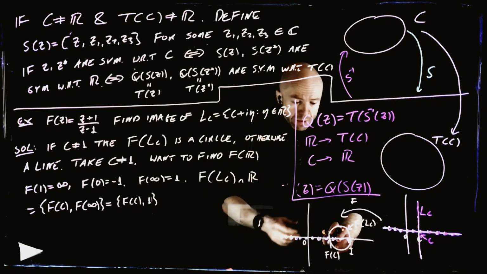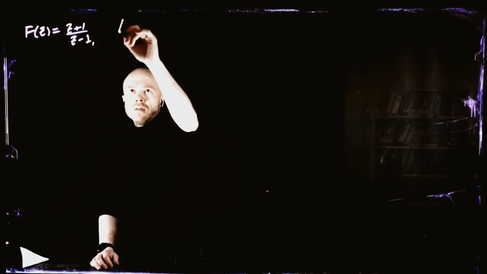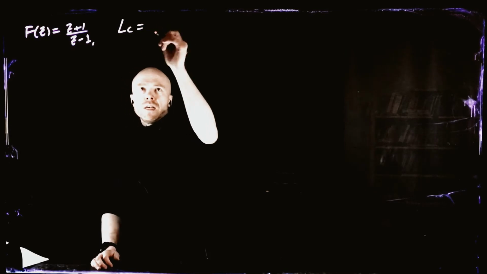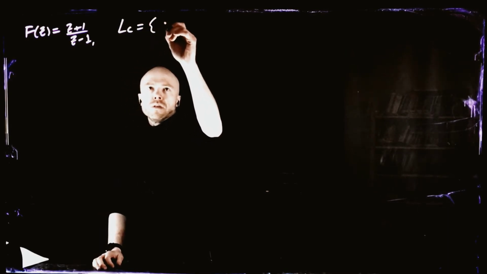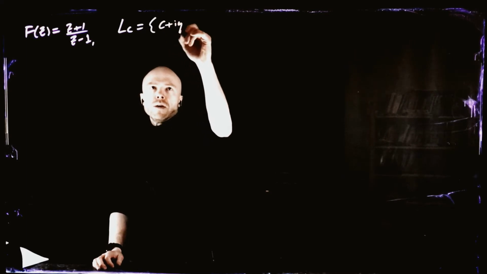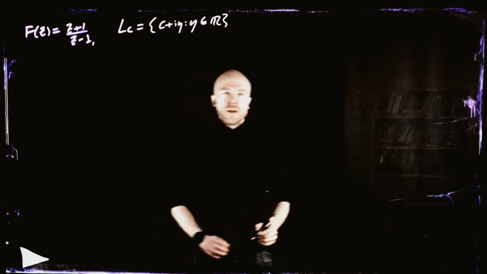But then we sort of have an ambiguity of whether or not it's on this side of 1 or the other side of 1. So we have to figure that out. Okay, so we have this mapping: f of Z is equal to Z plus 1 over Z minus 1. And the line we are considering the image of is L of C, the set of C plus iy for any y belonging to the reals.